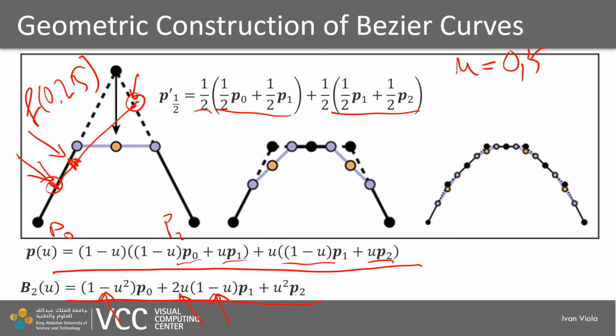So these are all our Bernstein polynomials which can be obtained from this generic formulation which we had on a couple of slides before. So now you understand the geometric meaning of the Bezier curve construction.